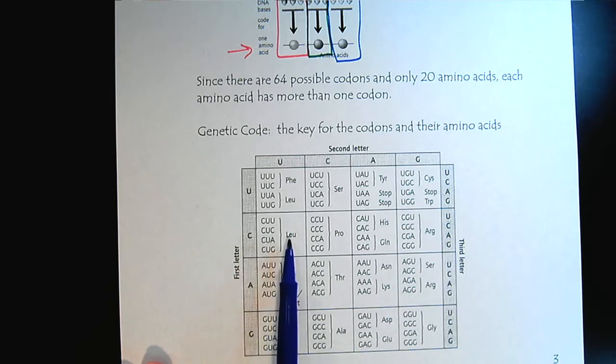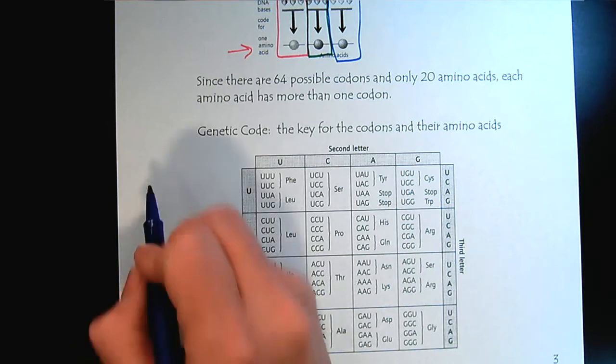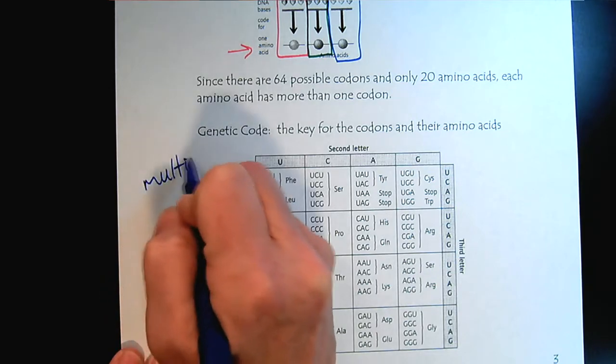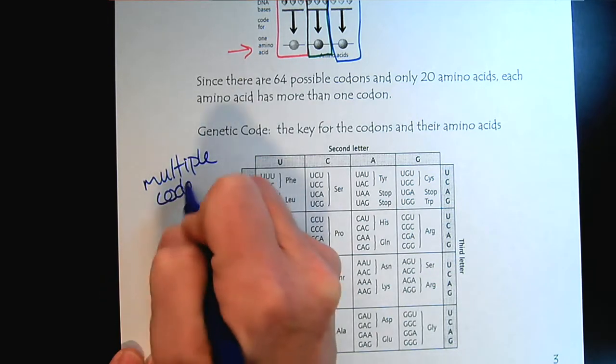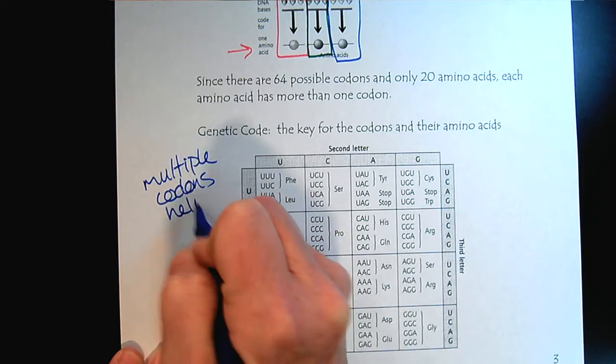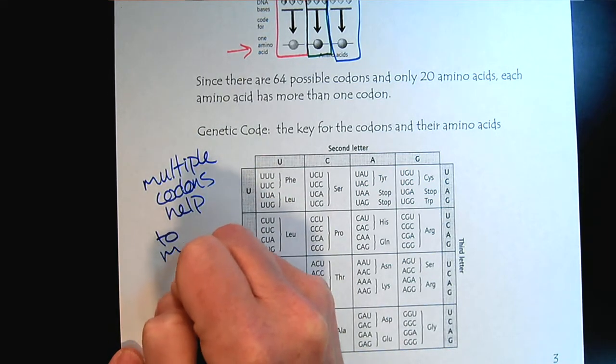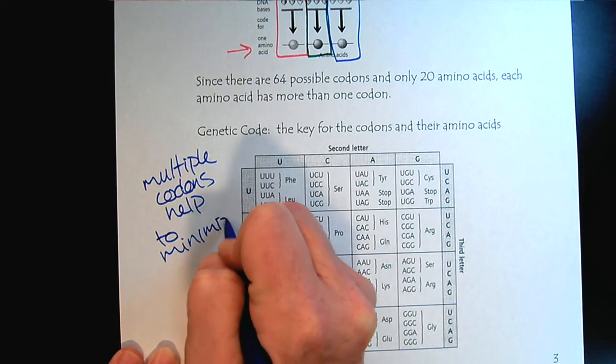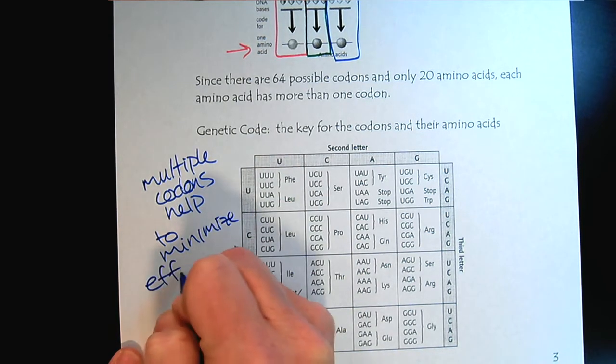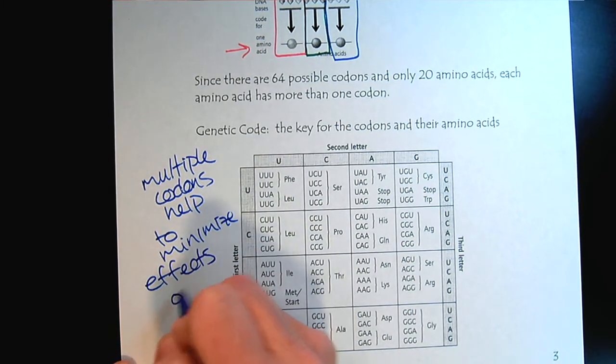For example, for leucine, there are 4 different ways that we could code for leucine. So the main point here is the multiple codons help to minimize effects of genetic mutations.